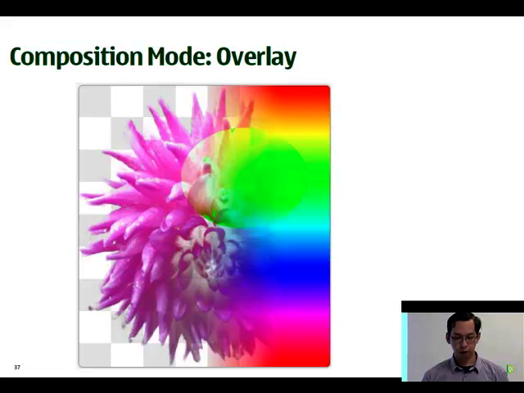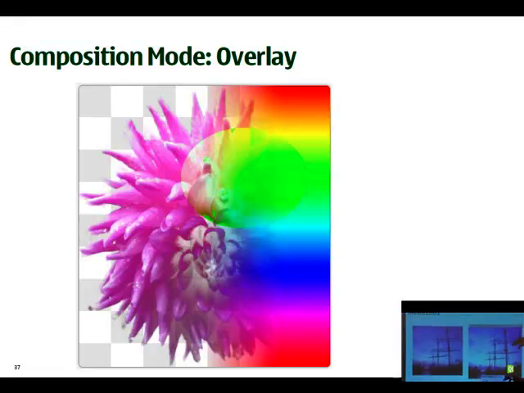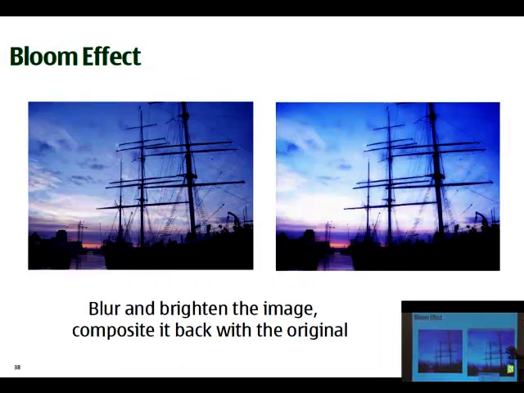So the bloom effect is as follows. This is the original image, and this is the image after you apply the bloom effect. If I disable the checkbox here, then those images are equal.